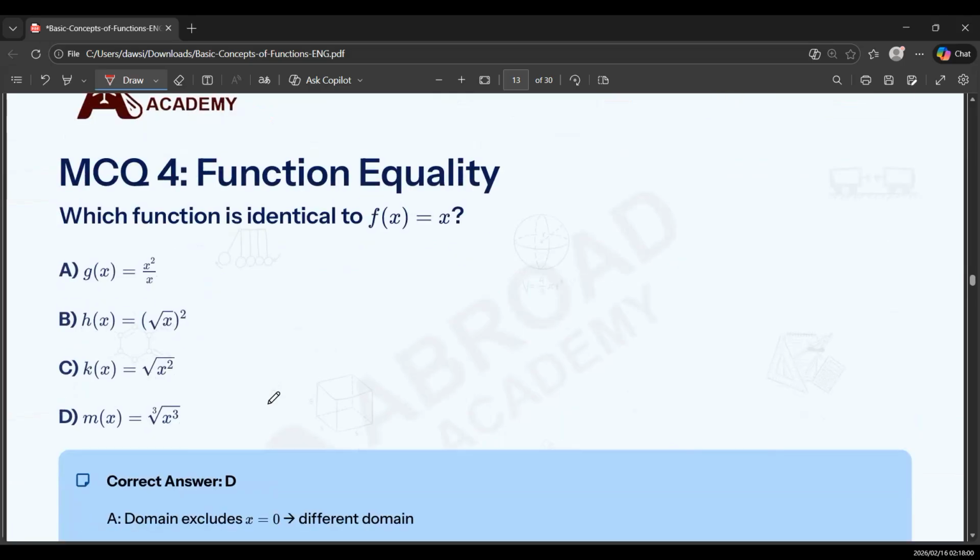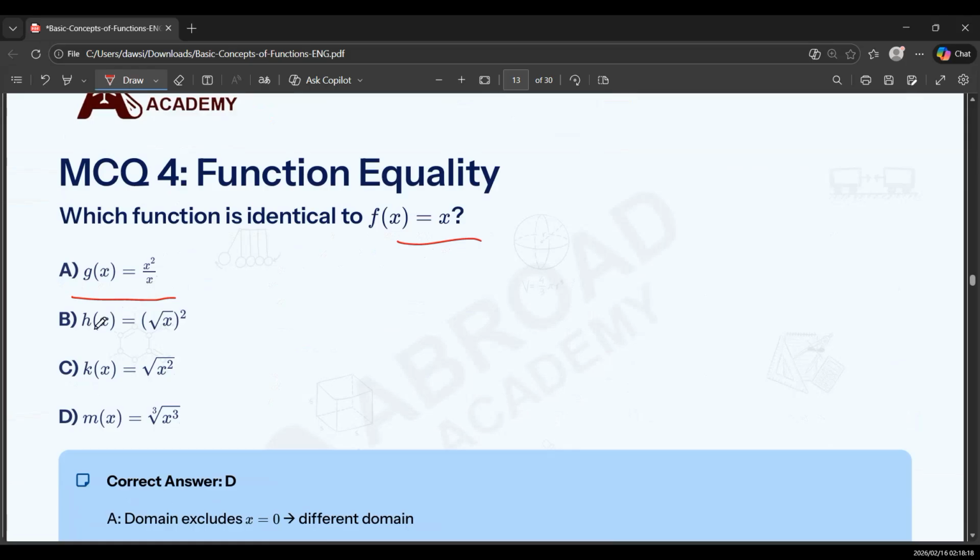And function equality: which function is identical to f(x) = x? Which one is an identical function? Is this equal?